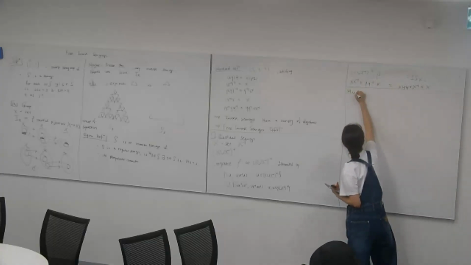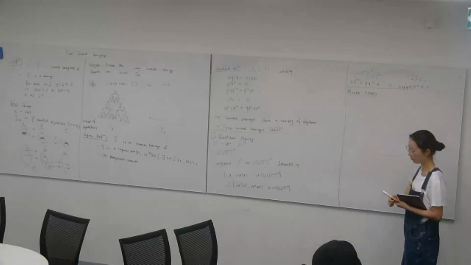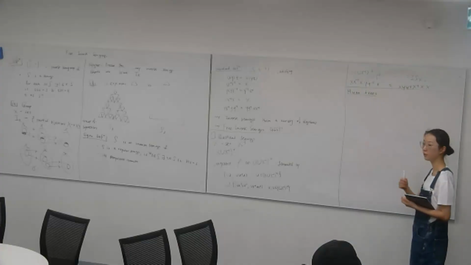And there are a few normal forms, but what I'll try to explain today is something called Munn trees.